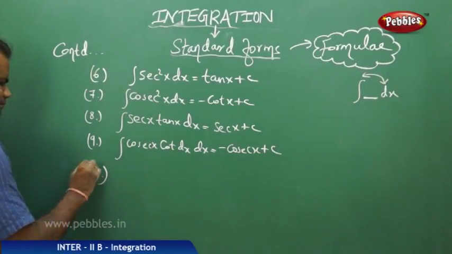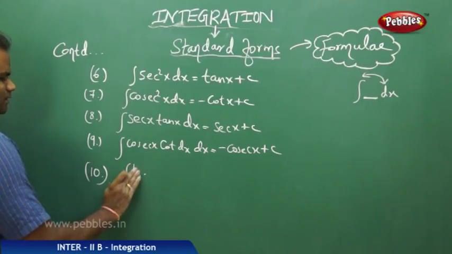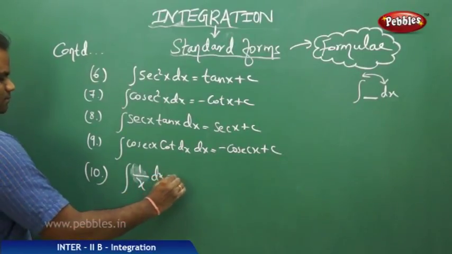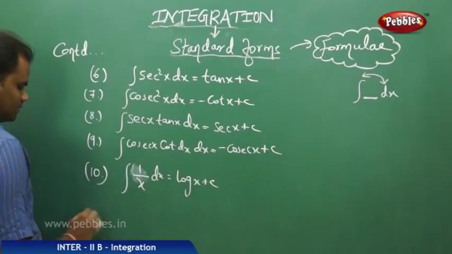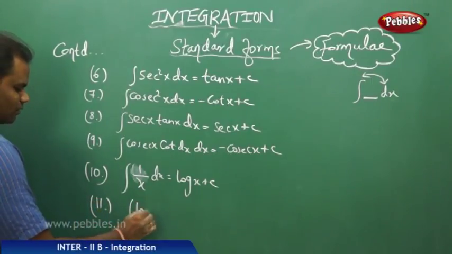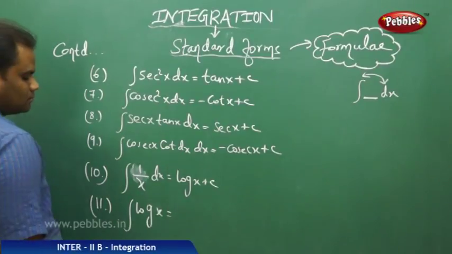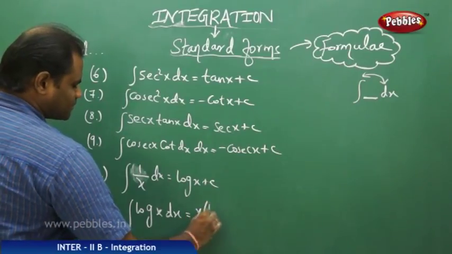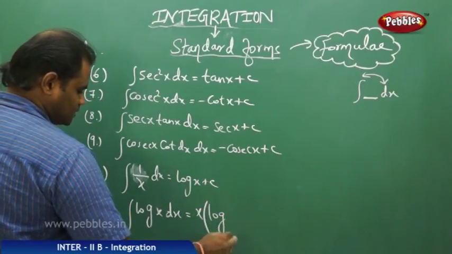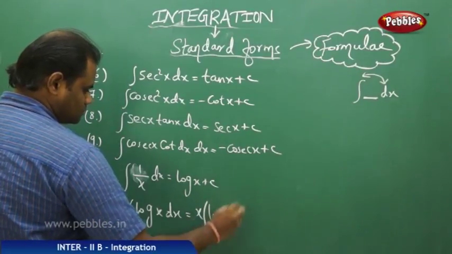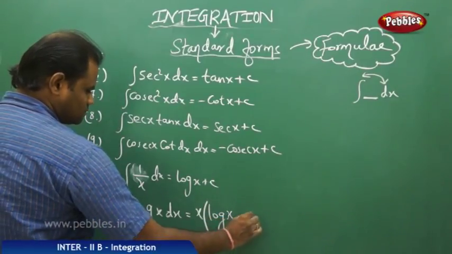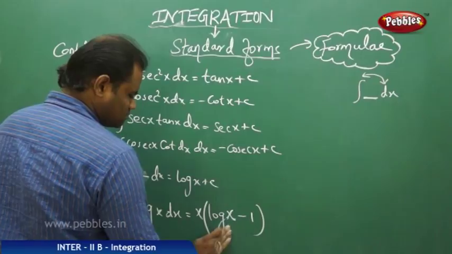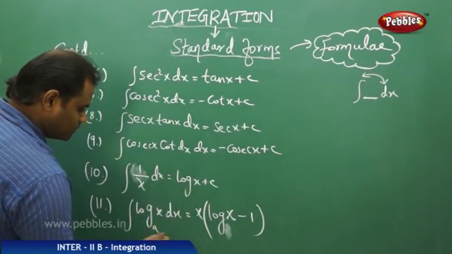And then I have integral 1 by x, which is taken as log x plus c, and integral log x, if this is assumed with base a.